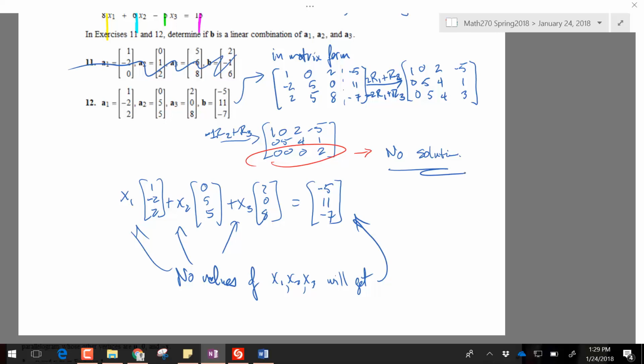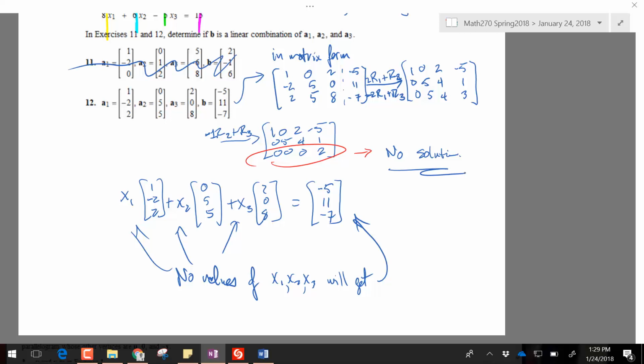You're kind of ruining my thunder, but yeah. So in 3 dimensions, geometrically, these are three vectors in 3D, right? But they only work on a plane.